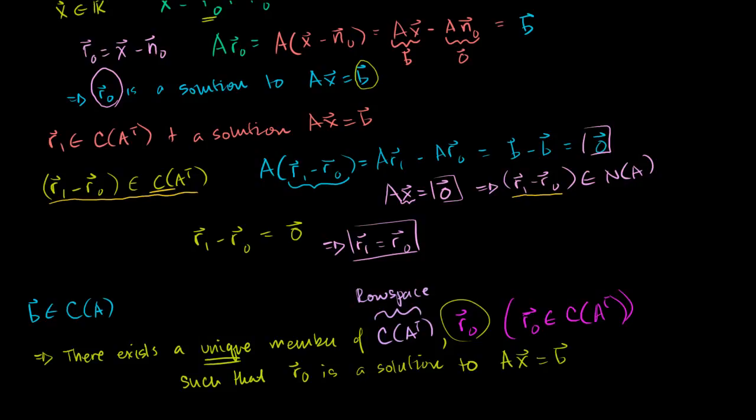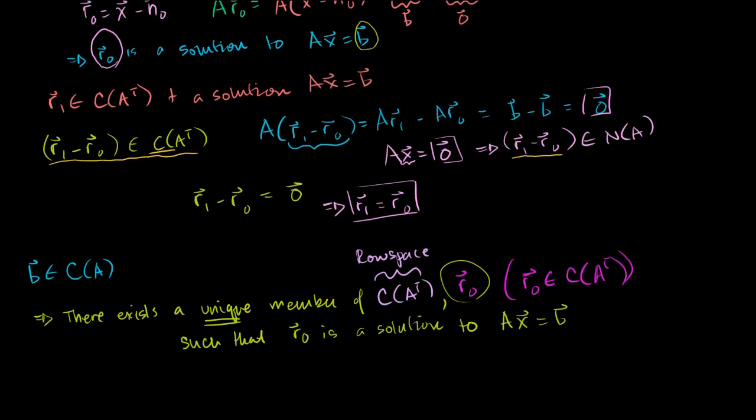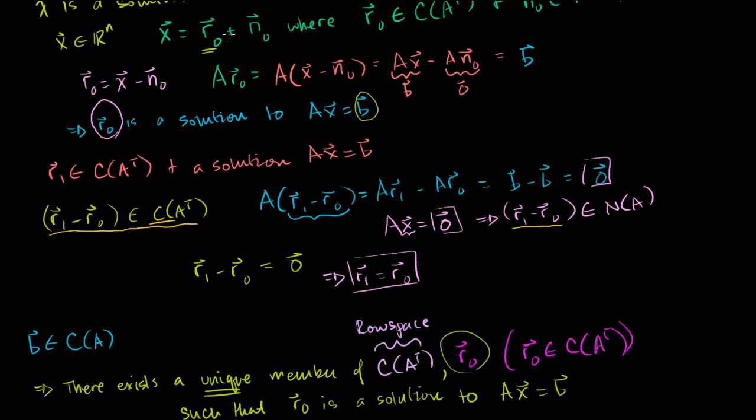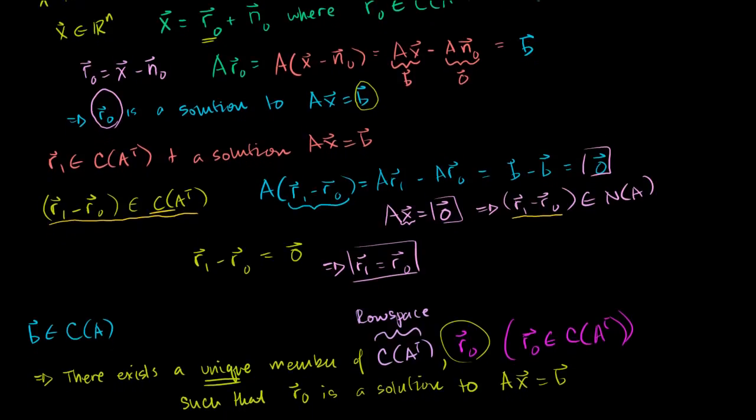Now, we can go further with this. We wrote up here that any solution to the equation Ax is equal to b can be written as a sum of r0 plus n0, where r0 is a member of our row space and n0 is a member of our null space. And that's because we have a subspace and its orthogonal complement. So any member of Rn can be represented as a sum of a member of a subspace and a member of the subspace's orthogonal complement. So let me rewrite that down here.